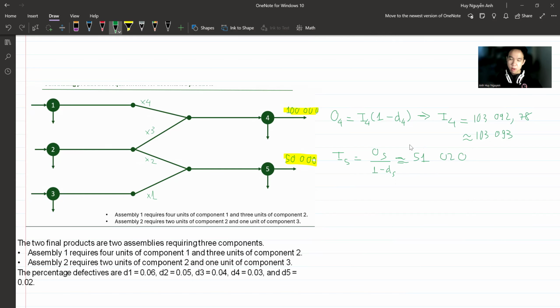Okay, so now we have these two inputs, right? But now what do we do next?